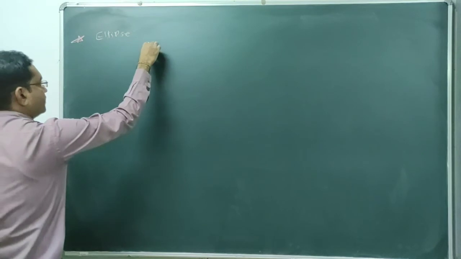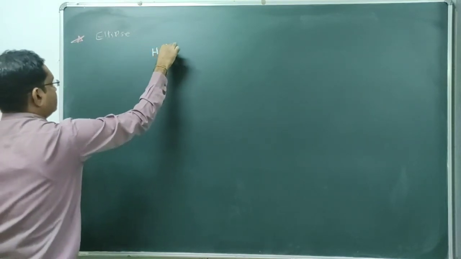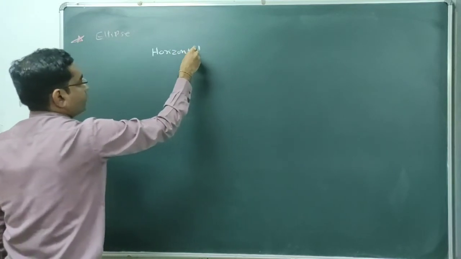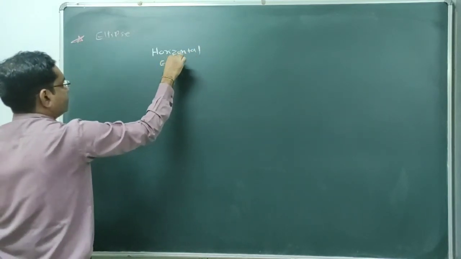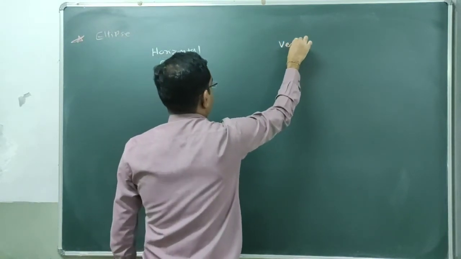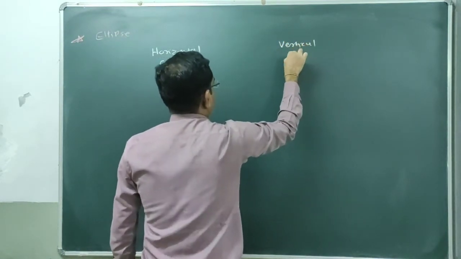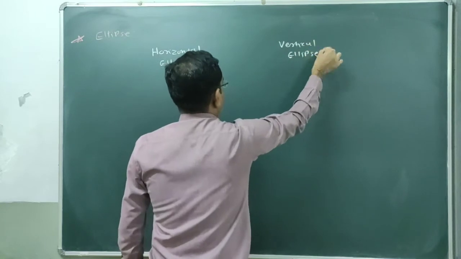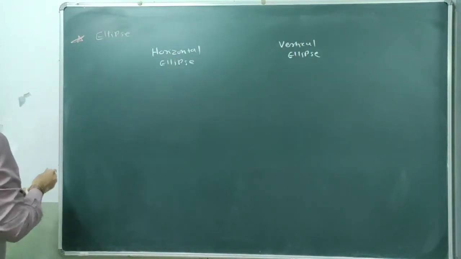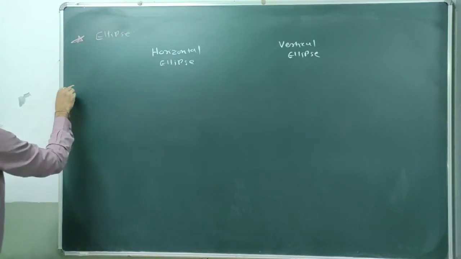First one is horizontal ellipse. Second one is vertical ellipse. Now first we'll write down the standard equation.